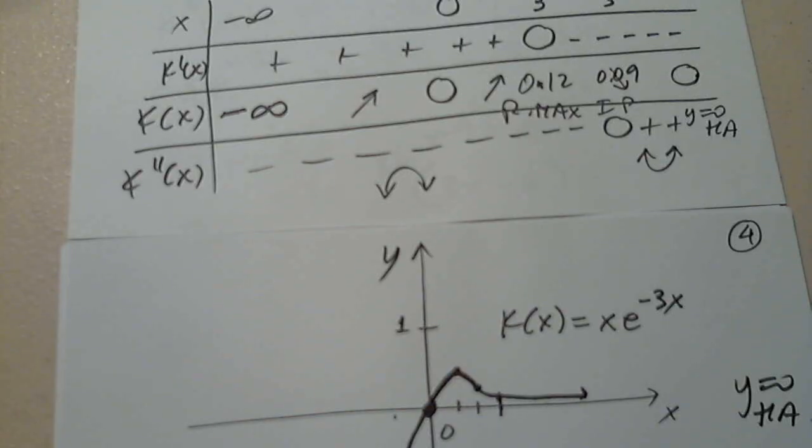Let's see what happens. A totally different story. As expected, crosses at the origin, it's coming from -infinity, reaches a maximum, continues down, has an inflection point, which is kind of difficult to see with the calculator, and then opens up, approaching the horizontal asymptote.